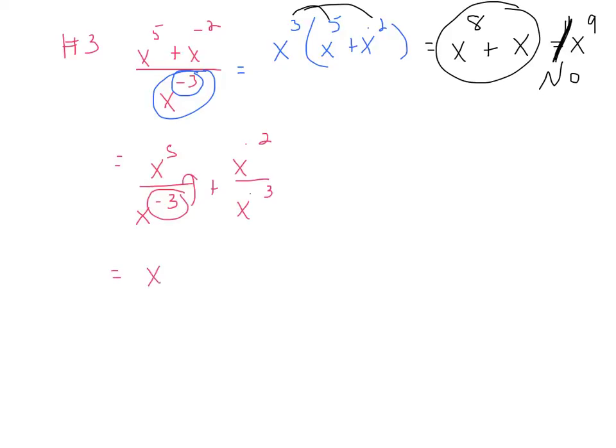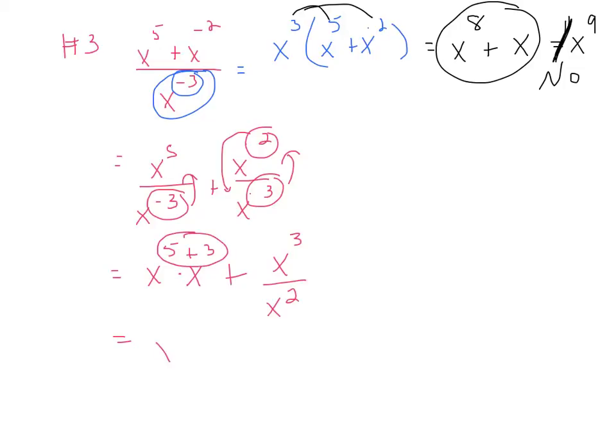So it's really x to the fifth times x to the third, plus, he's not happy, so I move him up, he's not happy, so I move him down, x to the third over x squared. Side by side means add the powers, since you're multiplying two terms that have the same base. And a monomial divided by a monomial with the same base means subtract the powers. Same answer, different method. Whatever way you want to do it, I don't care.